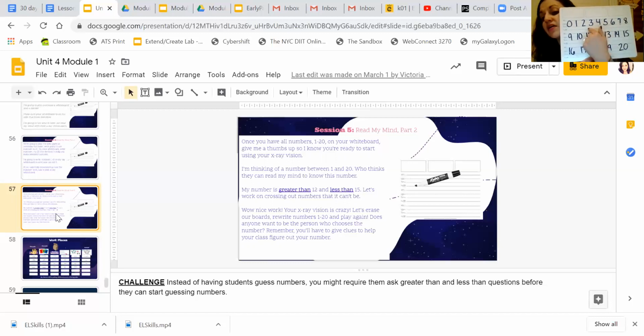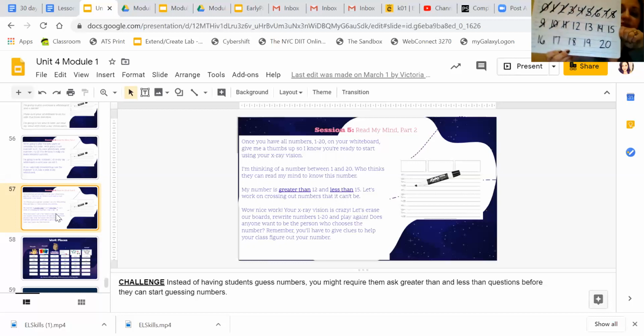We're not going to cross those out. So I'm going to cross out everything that's less than 12 because we know that the number that Miss Ewan is thinking of is greater than 12. So let's cross out all the numbers that are less than 12 because we know Miss Ewan is not picking a number that is less than 12. Okay, so your board should look like mine. Okay, so we should have 12, 13, 14, 15, 16, 17, 18, 19, 20.